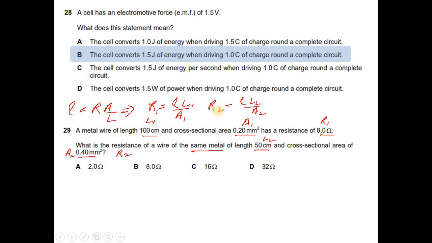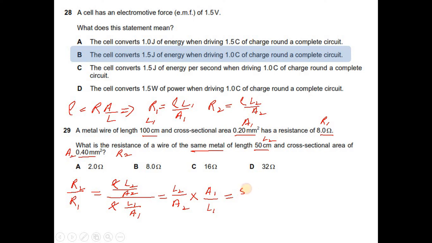So I can take the ratio between R2 and R1. R2 divided by R1: R2 is rho L2 divided by A2, and R1 is rho L1 divided by A1. So rho gets cancelled. And if you simplify this fraction, you would have L2 divided by A2 into A1 divided by L1. Substitute all the values.